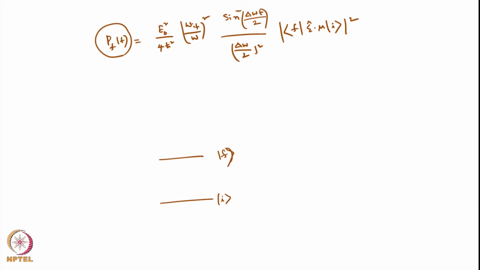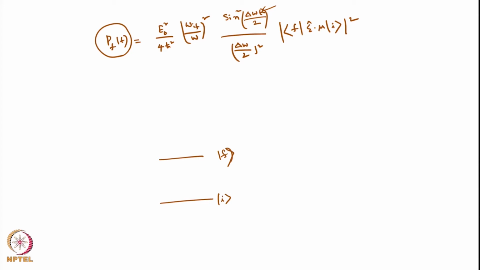So, the longer the perturbation, the longer the transition probability, because that time comes here. So if the perturbation can be prolonged, you can increase the transition probability.